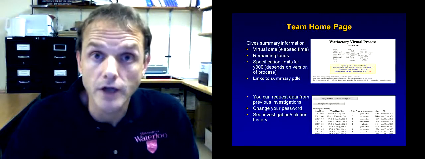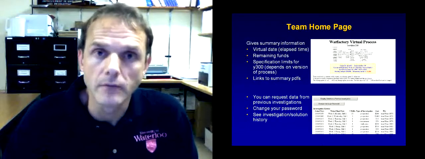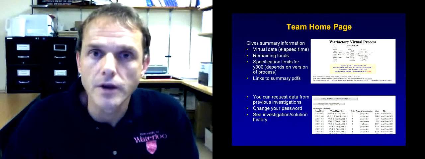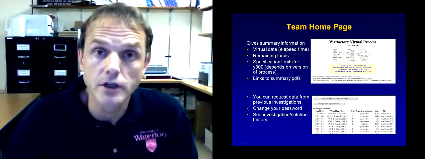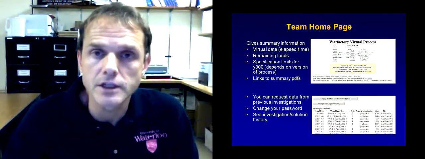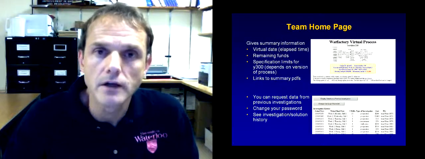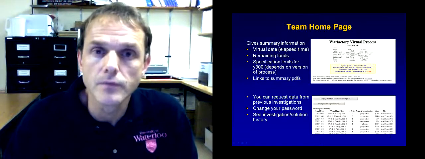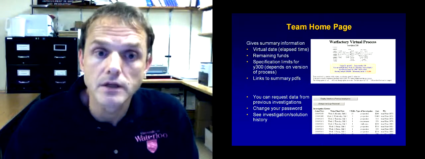So there's one about the introduction. It gives you much of the information I'm giving you here. There's also one document on the diagnostic journey or the search for the cause. It gives you more information about the varying inputs and so on, and the kinds of investigations you can run. And then finally, there's also one PDF document that talks about solutions and gives you more information about the various fixed inputs inside watfactory.